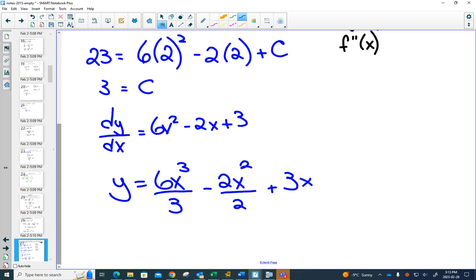And now notation-wise, here we can't write plus c because we've already used a c and solved for the c. Typical mathematical fashion, mathematicians like to go to the next letter. It's like, oh, c is used up, let's use d.